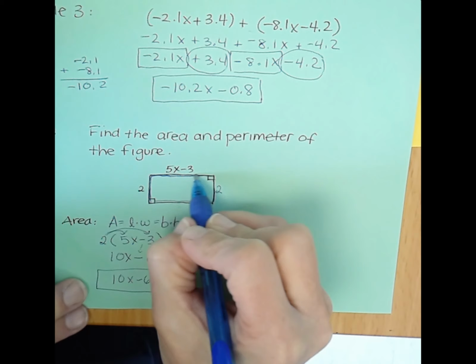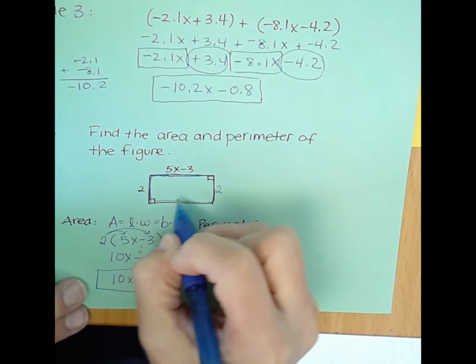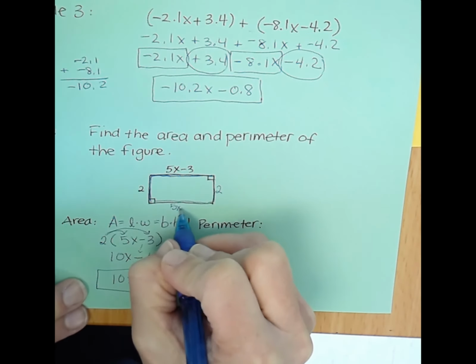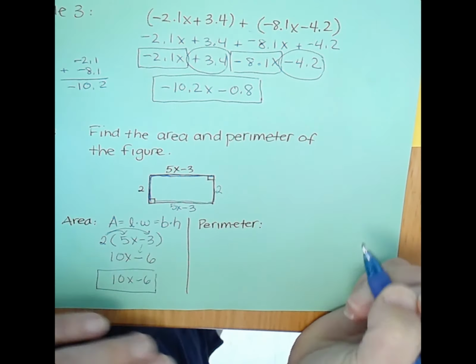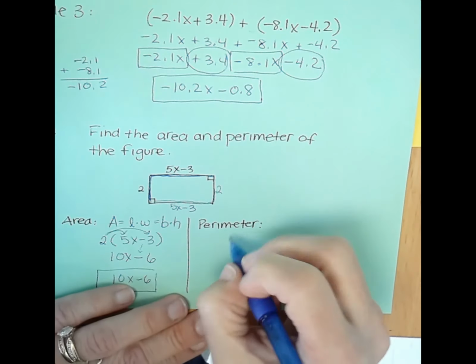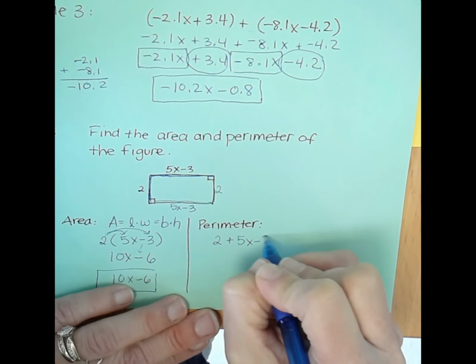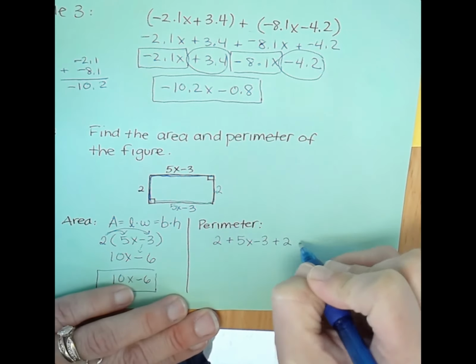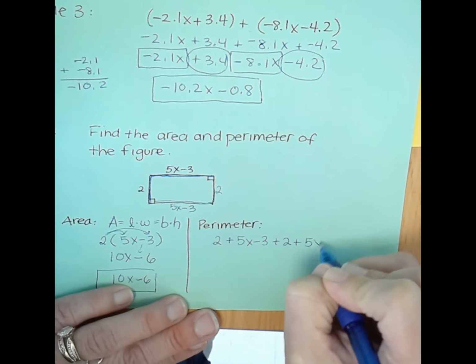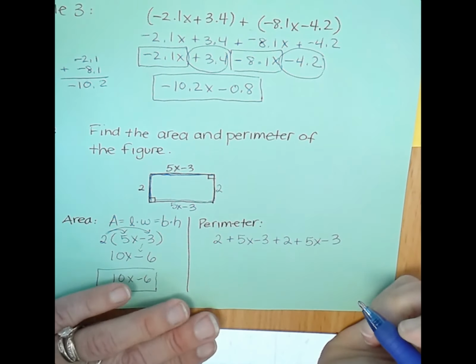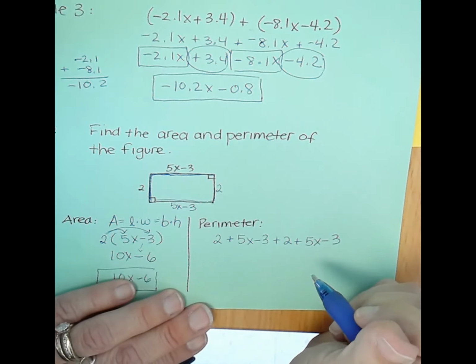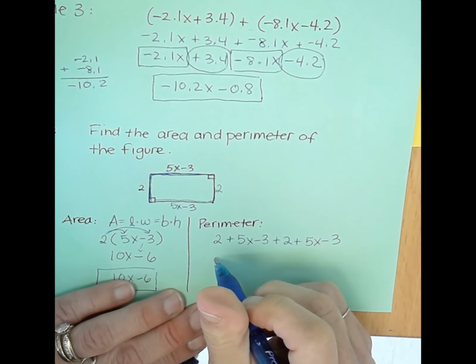If this side is represented by 5x minus 3, this side is also 5x minus 3. So when you go to do the perimeter, we need to make sure that we add all 4 sides. We want to add all those 4 sides together and combine our like terms.